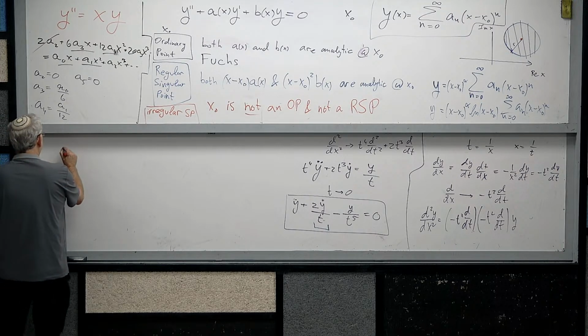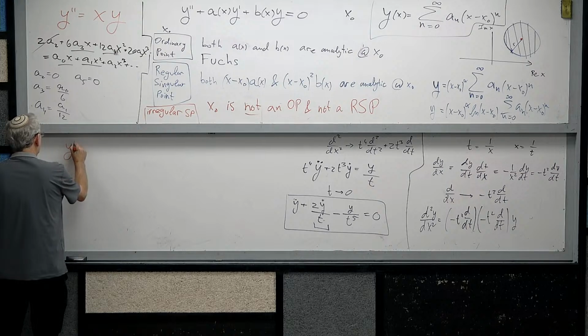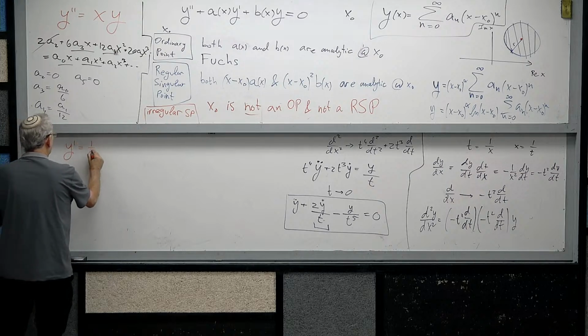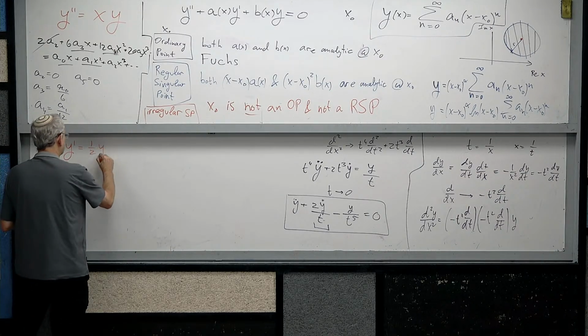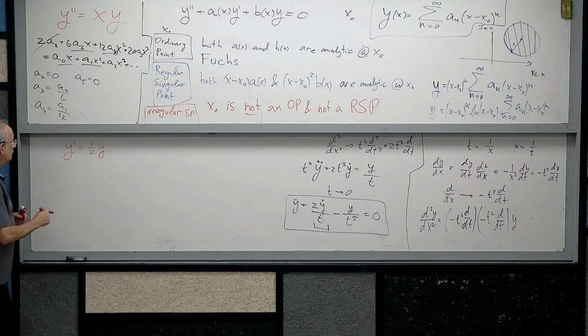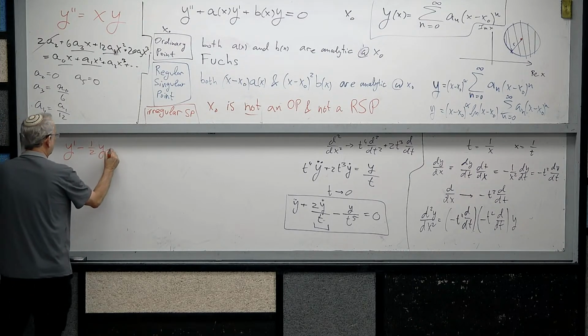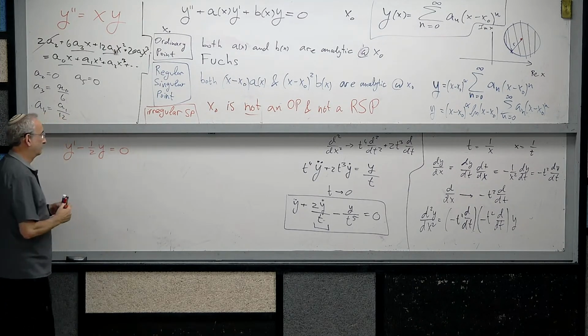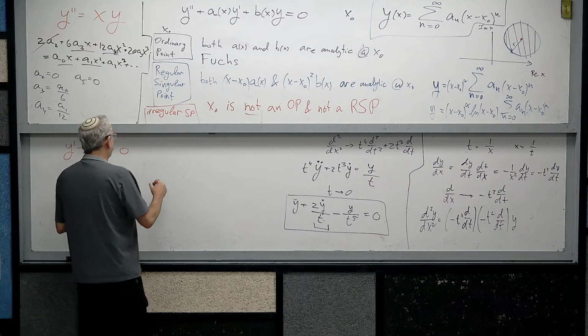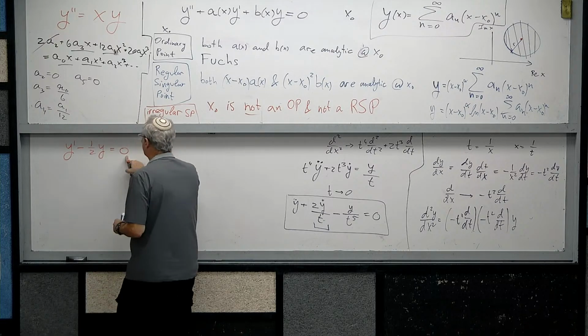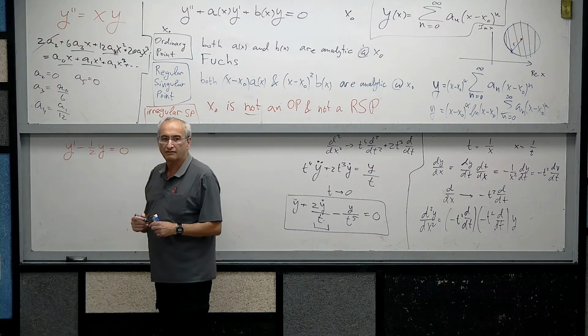So let's speak first about the first order equation. Y prime is equal to 1/2 y. So y prime minus 1/2 y is 0. What can you say about the analytic properties of this equation as x goes to 0?